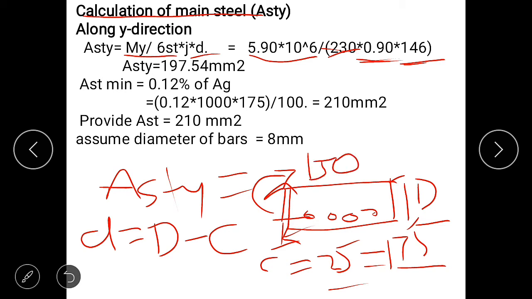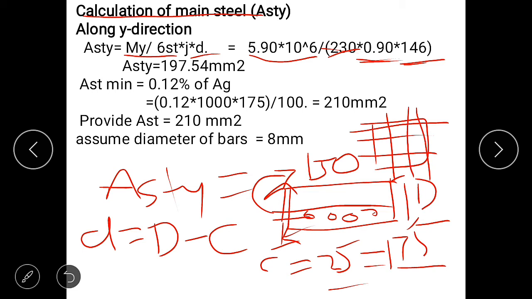Along X direction we provided bar of 8 mm. Above the 8 mm bars we provide Y direction bars, like this. Firstly we provide X direction bars and along this we provide Y direction bars.